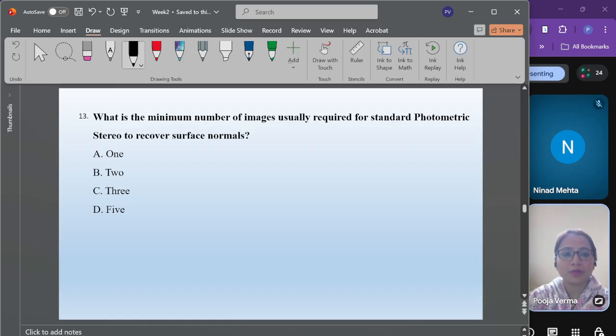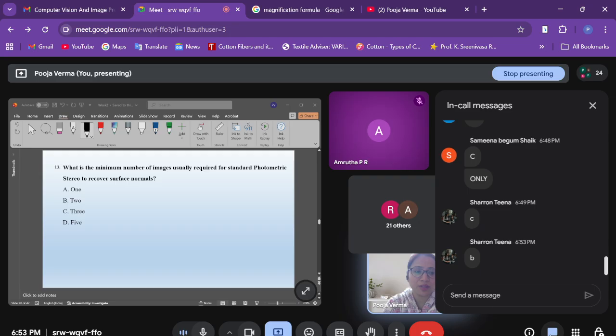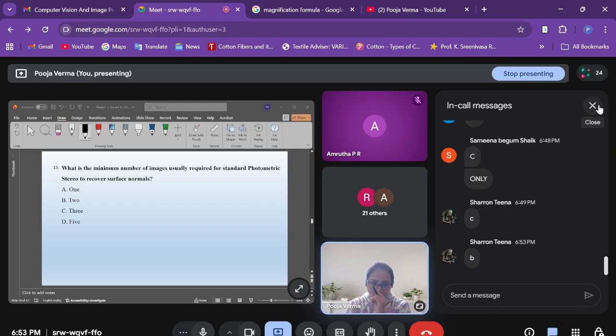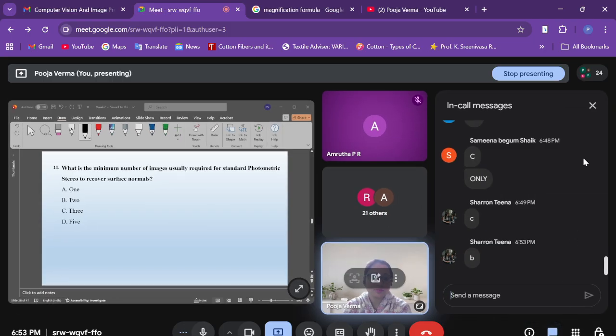What is the minimum number of images required for standard photometric stereo to recover surface normals? Others, do you want to answer this question?